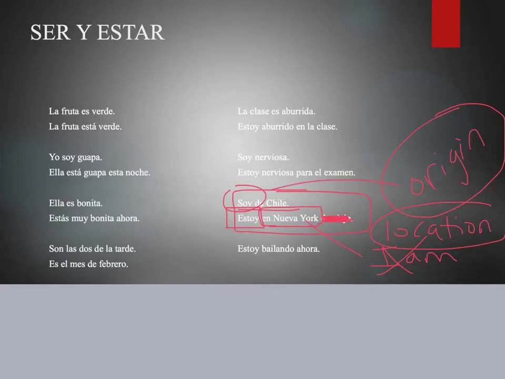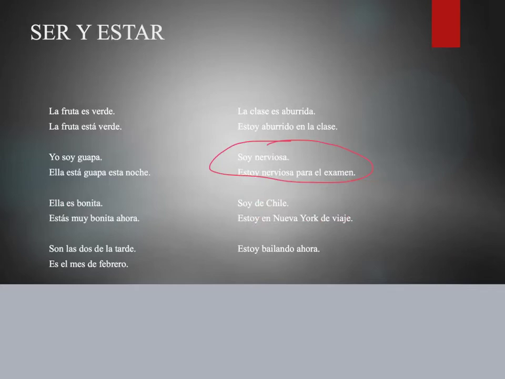Okay, let's look at now this example here. Soy nerviosa versus estoy nerviosa para el examen. Okay, en este caso, we see soy nerviosa. Okay, I know that I use ser to describe characteristics about myself or about others. So if I say something like soy nerviosa, I'm saying that I'm a nervous person or maybe like I'm an anxious person in general.